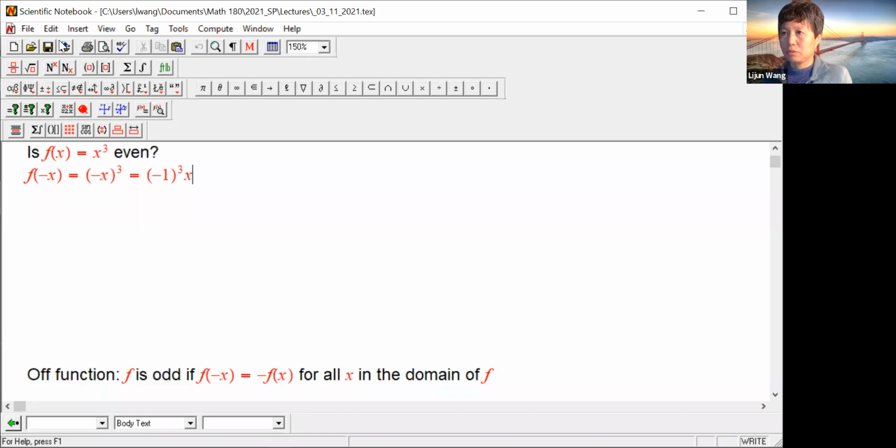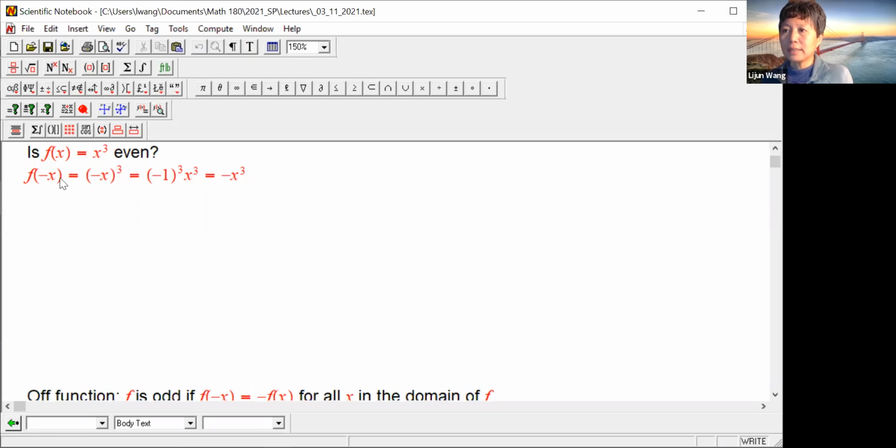And multiply x raised to the power 3. (-1) to the power 3 is negative, so you're going to have negative x raised to the power 3. In this case, f of x is not equal to f of negative x because they're obviously different.